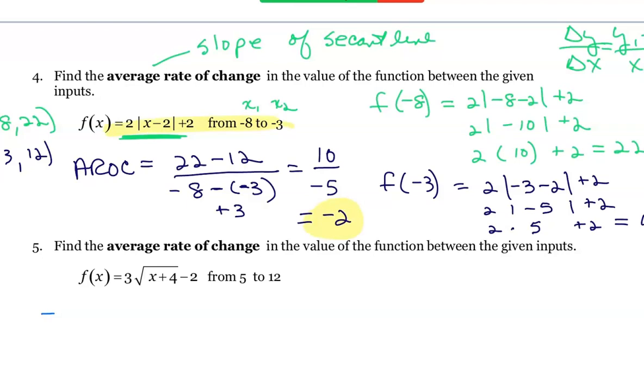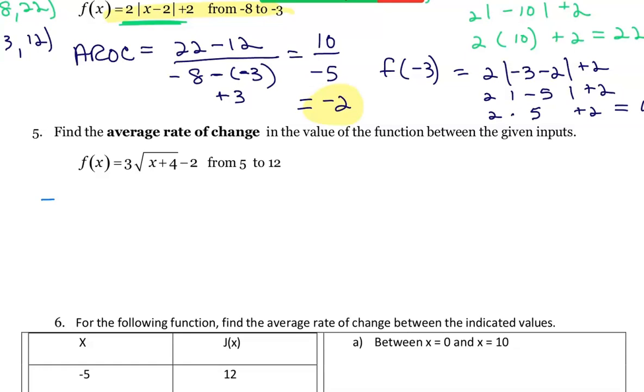Okay, so that's getting average rate of change when I give you the function. Same problem down here. I give you the function, I give you the x's, you have to figure out the y's. So this is each of your x's, okay? So what I'm going to do is I'm going to say, all right, let's evaluate this at 5.